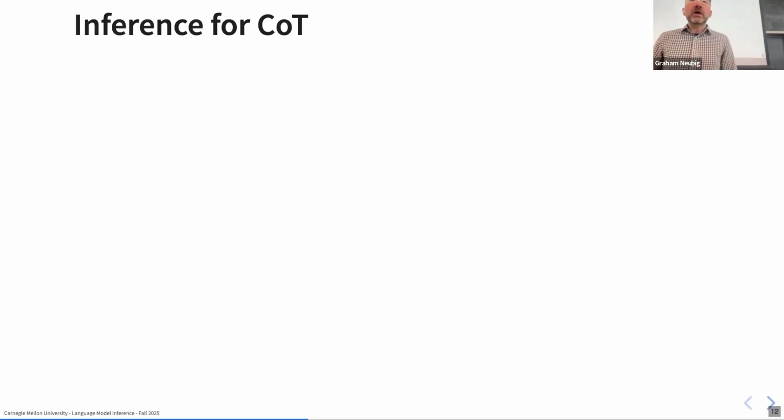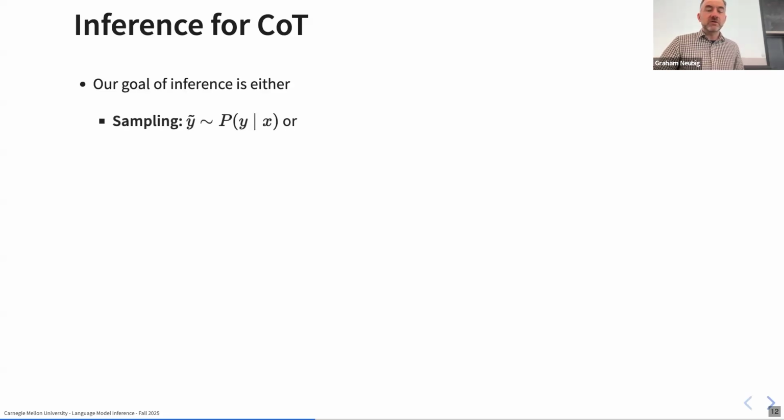Okay, so I'd like to talk about inference, because this is an inference class, and this is really important, especially once we start using reasoning models that generate very long chains of thought. If we remember back to the beginning of the class, our goal for inference is either to sample from the model, or to do mode-seeking search, so to find the highest scoring model output.